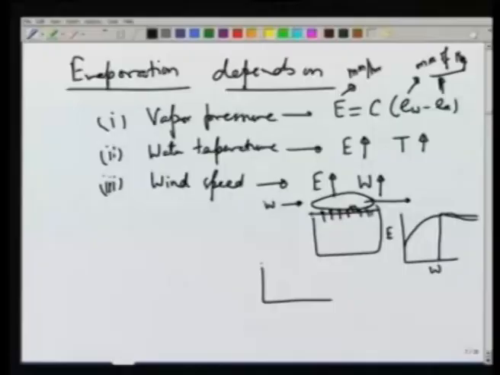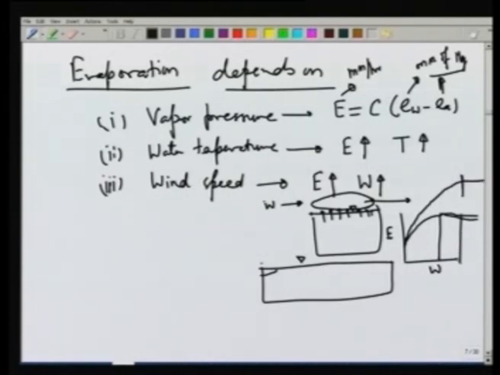So, if we have a water body which is very long, the critical wind speed would be higher, because then we need a larger velocity to carry all this air away from the water body. So, wind speed is an important parameter, because this is the mechanism which will carry saturated air away from the water surface.